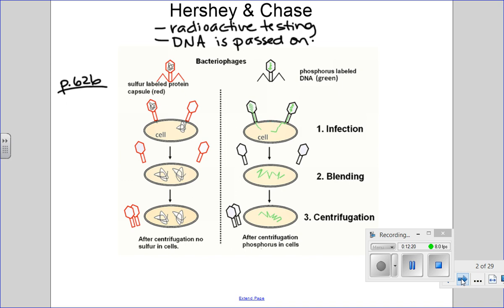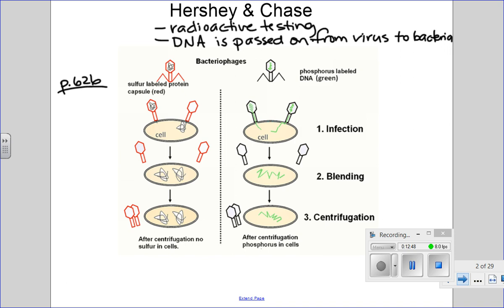And what they were studying, or the DNA that they were looking at, was the DNA that gets passed on from a virus to a bacteria. So they did two different tests, the one on the left where things are colored red, and the one on the right where things are colored green.